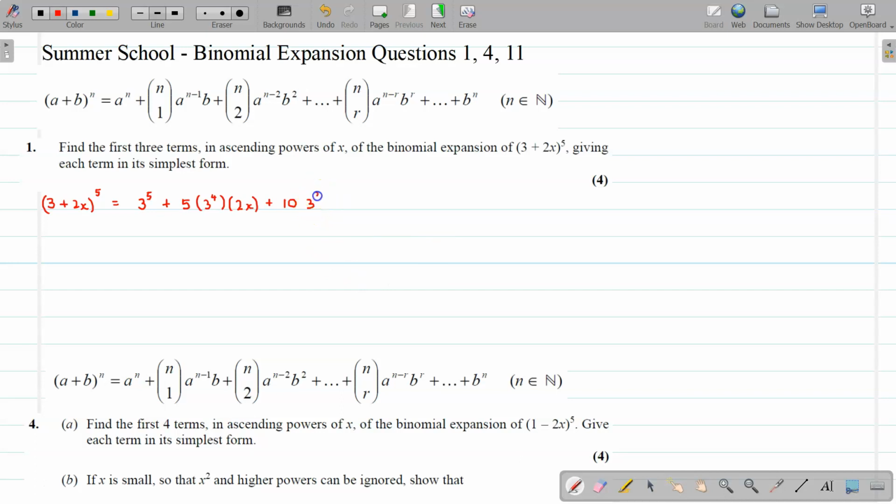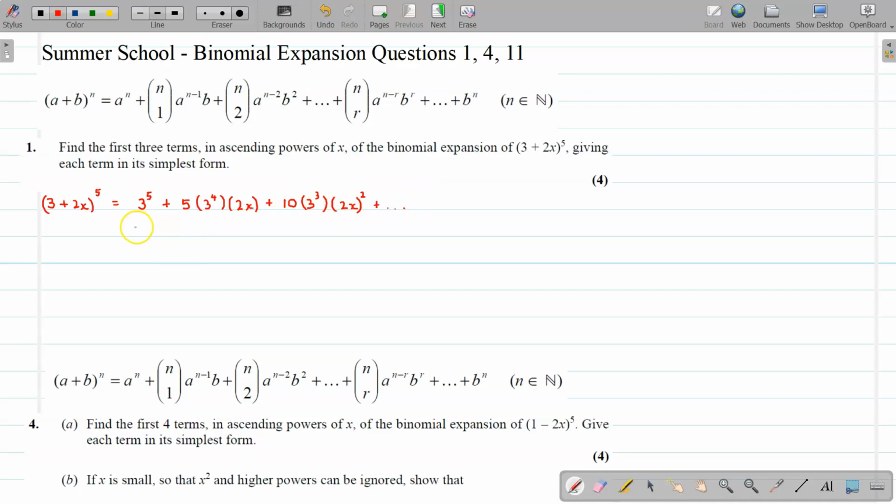The powers of the first term are descending, and the power of the second term is ascending, so that's now (2x)^2. Those three are the first three terms, and I just put plus dot dot dot to show that it does carry on, but we're only interested in those three terms.